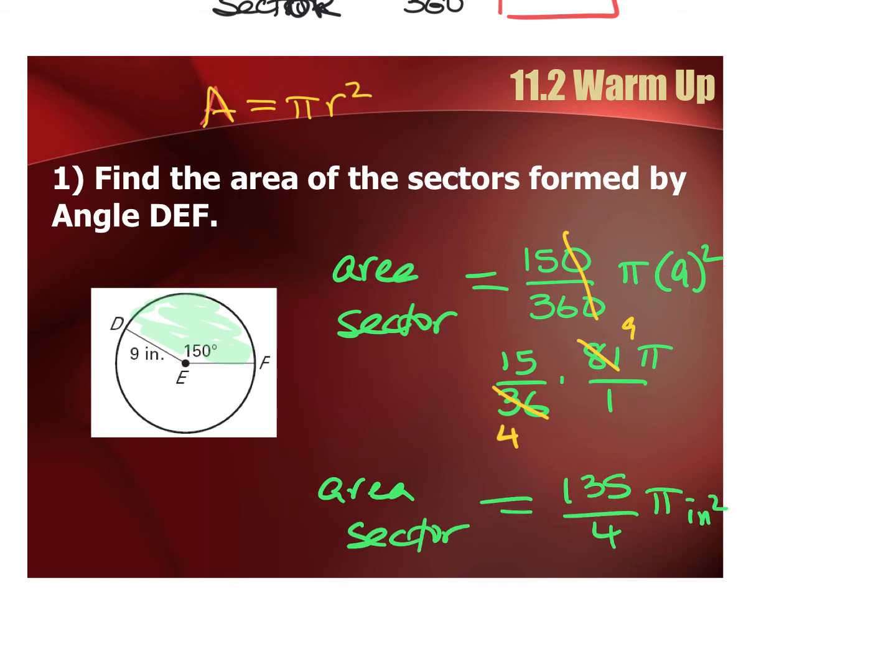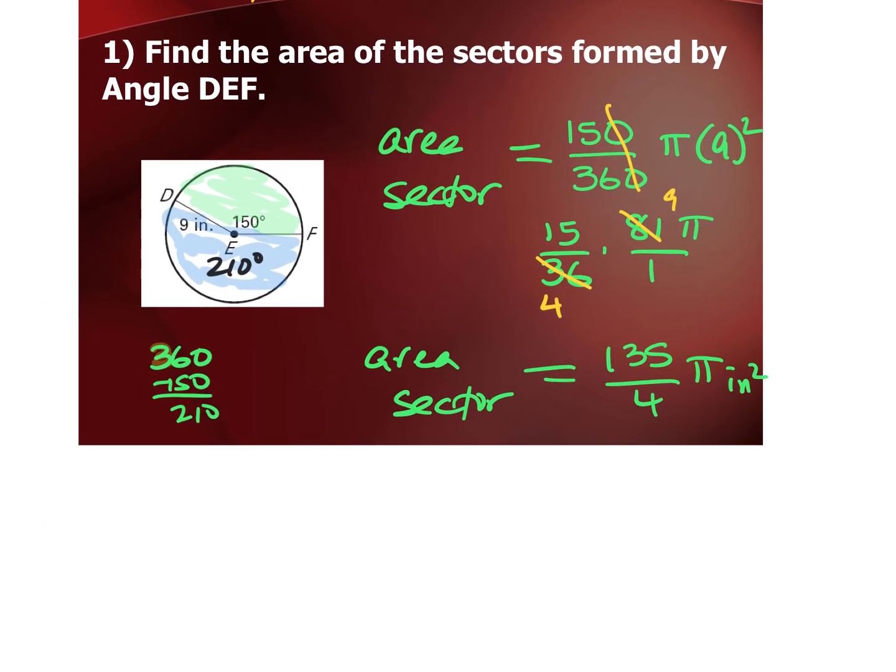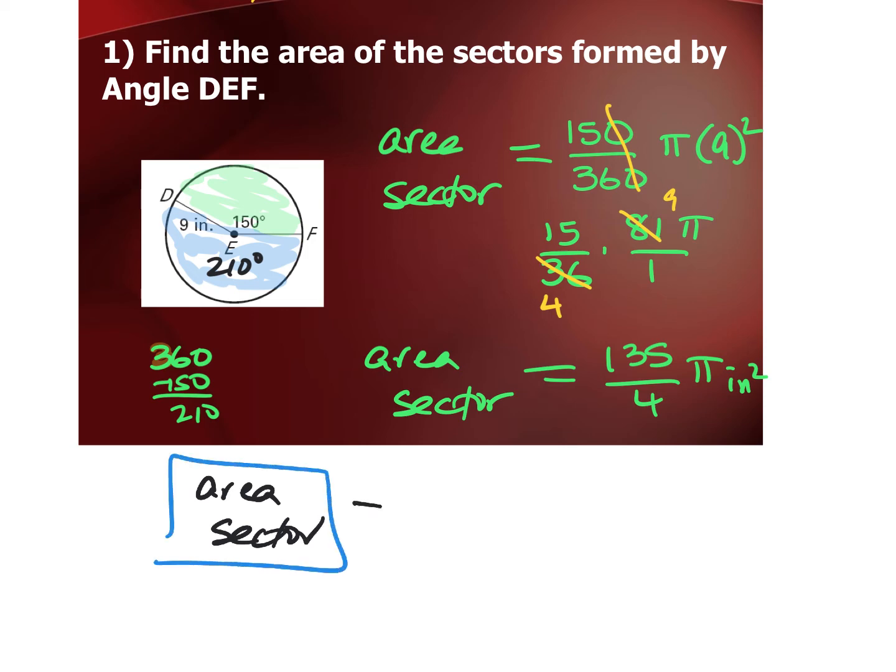Now I'm going to do this side, and to find its measure of the arc, what I need to do is 360 minus the 150, and that's going to be 210 for the measure of that arc. So now the area of the sector, this one's the blue one, equals 210 over 360 times pi r squared, so it's 81 pi again.